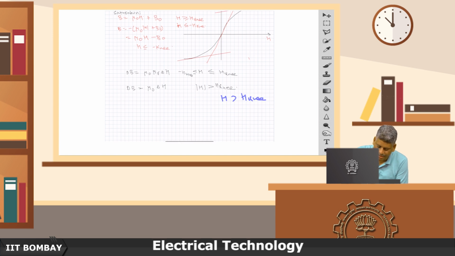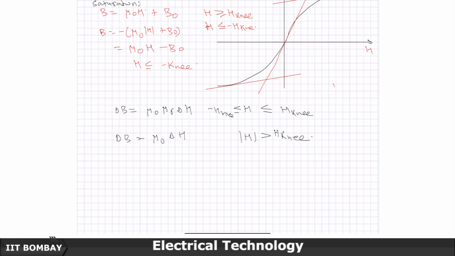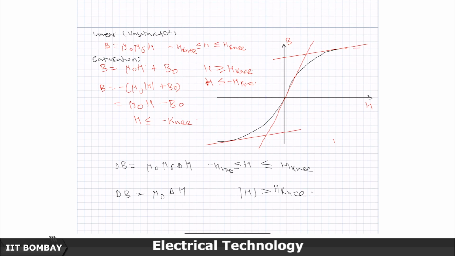And when H is negative, mod of H is minus of H, negative numbers minus we have to take, so minus of H is greater than H knee, which translates to saying that H is less than minus H knee. So if this is the knee, then you describe it here. So, this is the simplistic model.